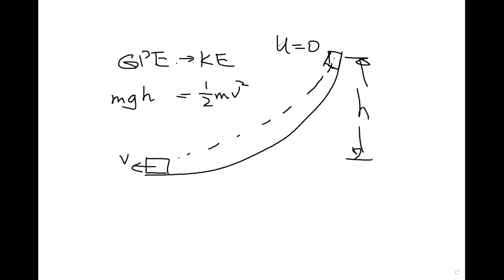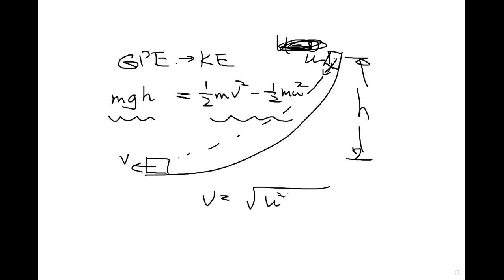Let's say the initial speed is not zero, there's some initial speed here. Then the left hand side is the loss in GPE and the right hand side is the gain in KE. The gain in KE will be the final KE minus the initial KE. You can still find the speed at the bottom, that is the square root of u squared plus 2gh.